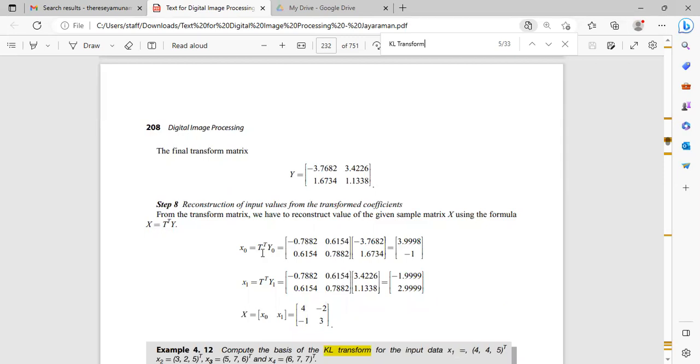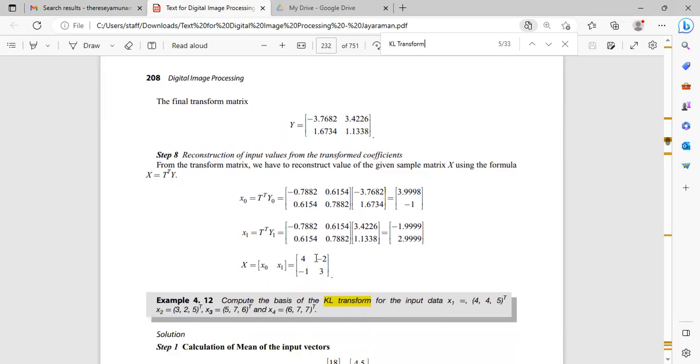So x0 will be T transpose y0. So T transpose y0 will be equal to this one. X1 will be T transpose y1, that will be equal to this one. You combine it and write. For 3.9, you can write 4. Minus 1.9, you can write -2, -1, and 3 here.